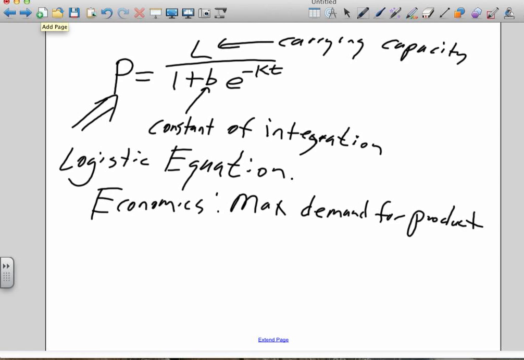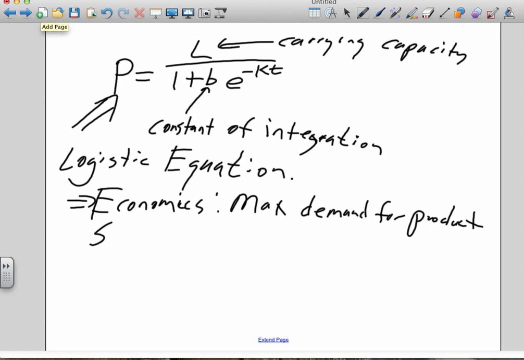And if you end up with exponential growth, now obviously at some point or other, your demand's going to level off. You don't have an infinite number of people to begin with. And no matter what you put out, someone's not going to like it. So the logistic equation is used for maximum demand. It's also used, of course, for supply on the other end of it.